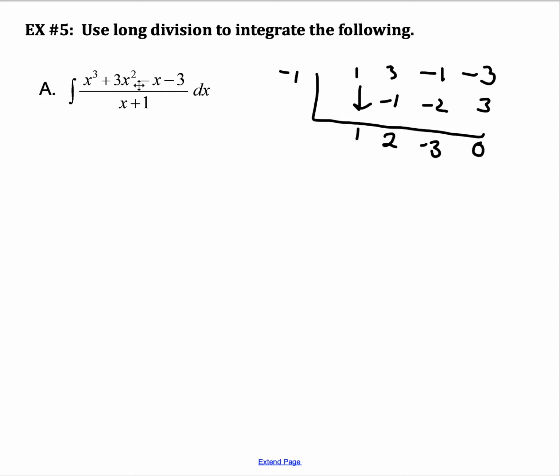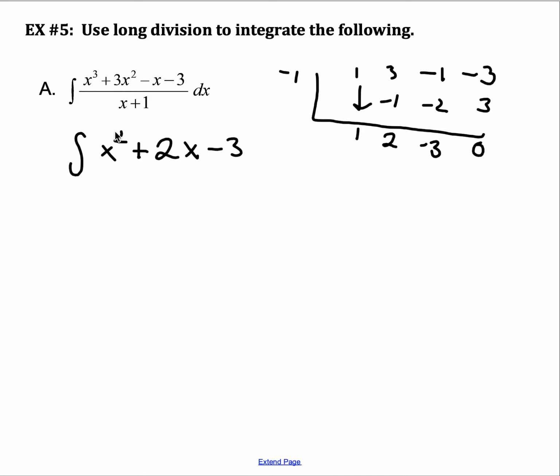So we know that there is an x plus 1 factor in the polynomial in the numerator, right? So now that we've canceled out an x plus 1, we could rewrite this as x squared plus 2x minus 3.